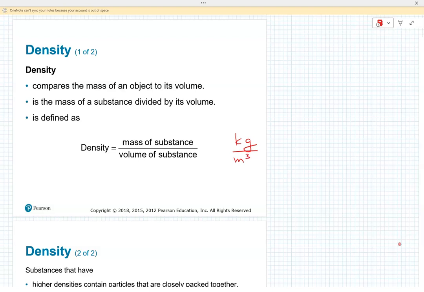Okay, so I'm going to give you some convenient cheats. So this is the unit in the international system. Okay, this or this are the units that chemists usually use. Okay, am I making sense? Good.